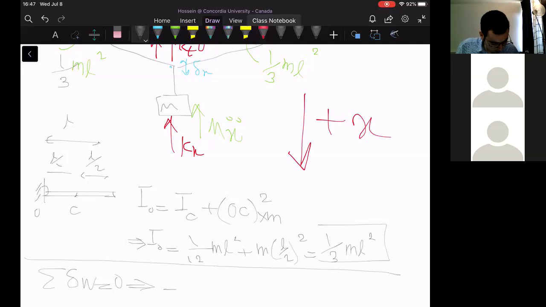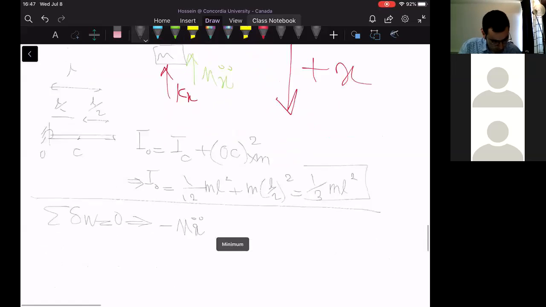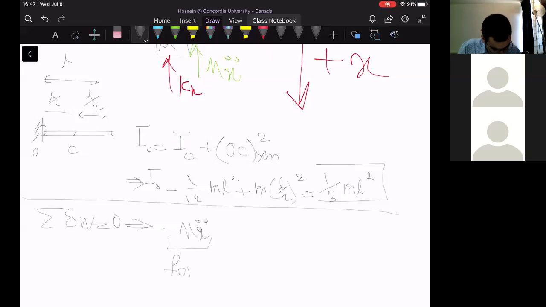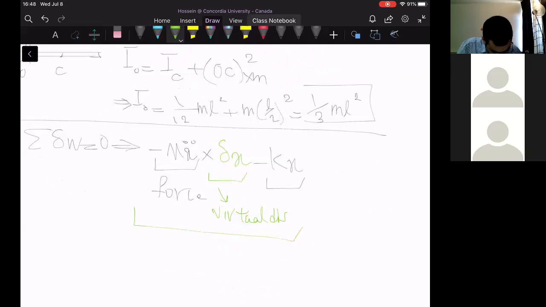We write minus mx double dot, which is a force, multiplied by the corresponding virtual displacement, as well as the spring force minus kx. So this is the virtual displacement, and this is the virtual work.